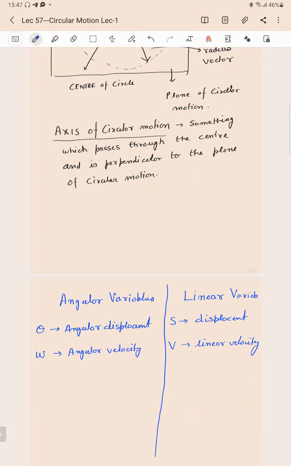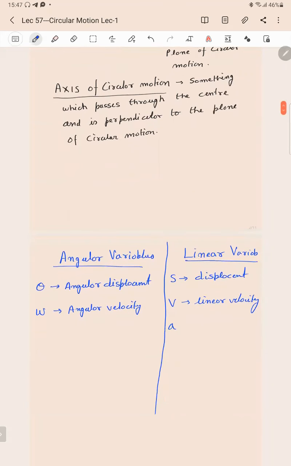Only thing is they are angular variables. They are a bit different, but they are connected in the same way as the linear variables. Then you get a, which is linear acceleration. And here you get alpha, which is angular acceleration.